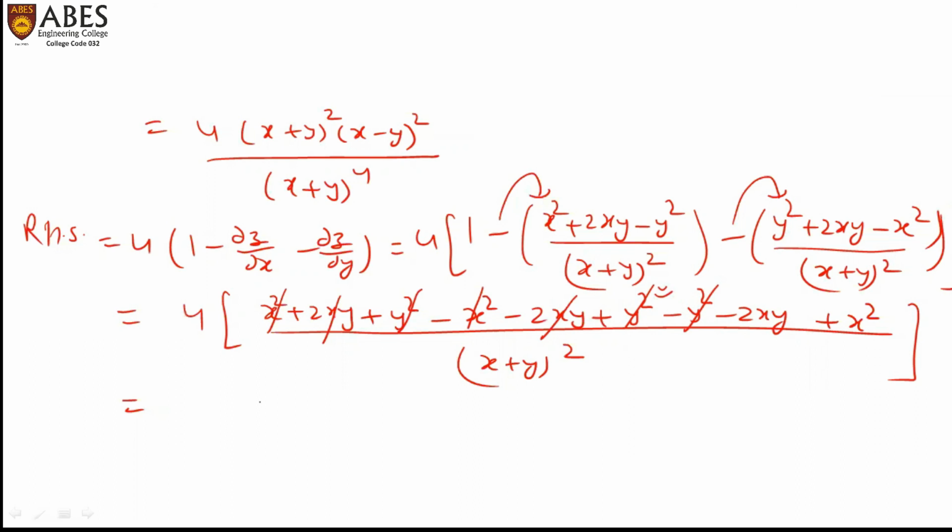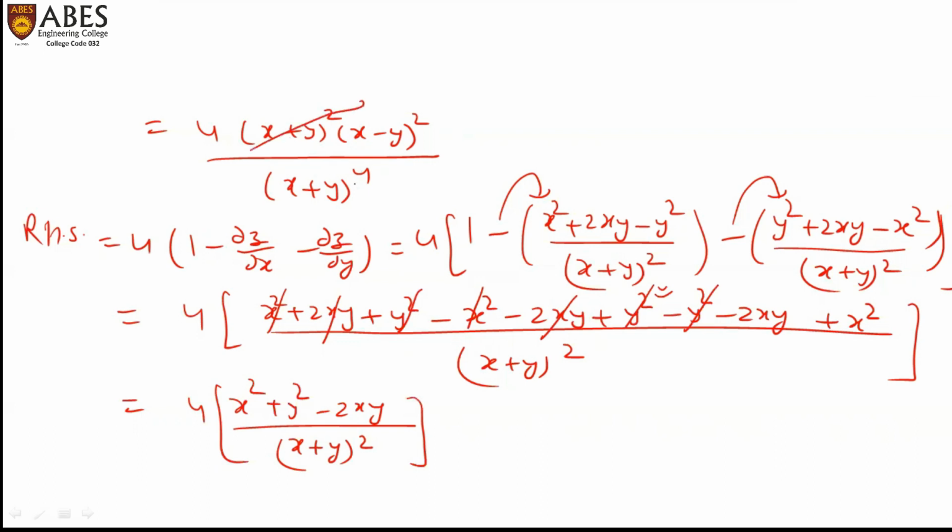So we have x square plus y square minus 2xy upon x plus y whole square, and there is a 4. And on the above side also, this x plus y whole square may cancel out, and it will be 4 (x minus y) whole square upon x plus y whole square for the left hand side.